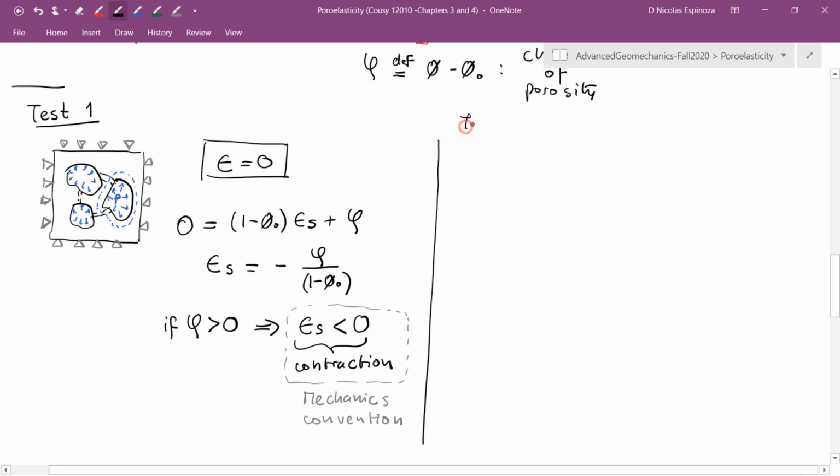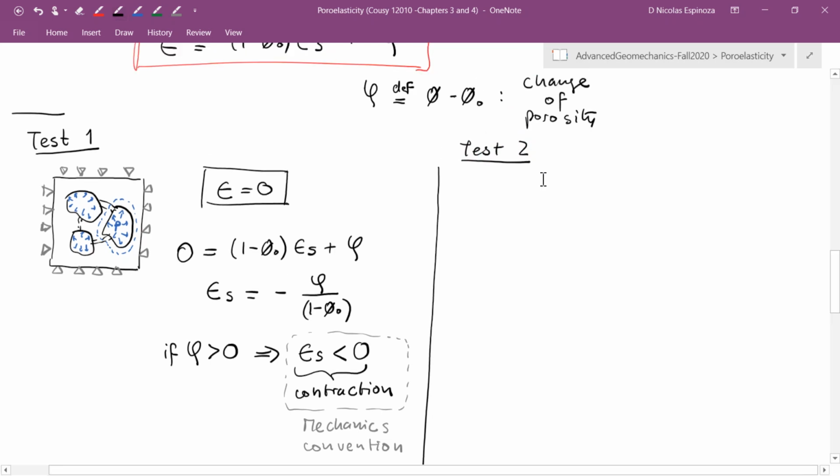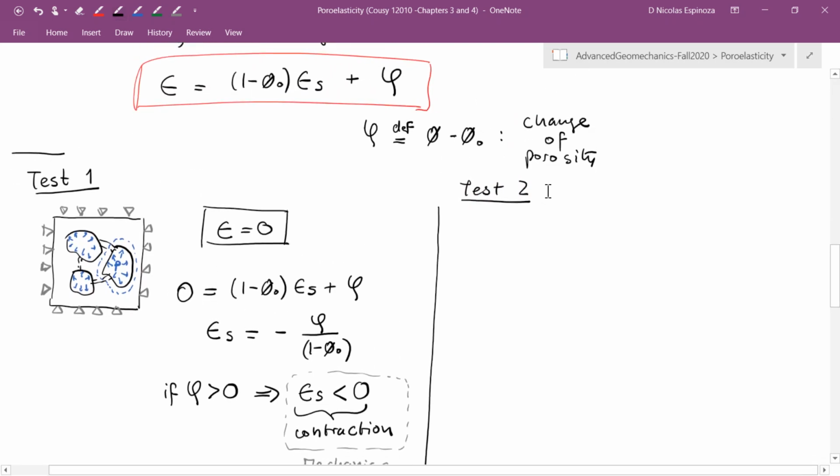Let's see another test that is going to help us also understand a little bit better the equation that we have over here. Okay, and what we're going to do now in this test is, to the same porous solid with connected porosity, we're going to apply a stress and a pressure too, but with different boundary conditions.